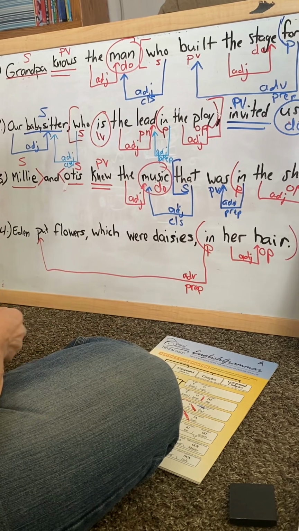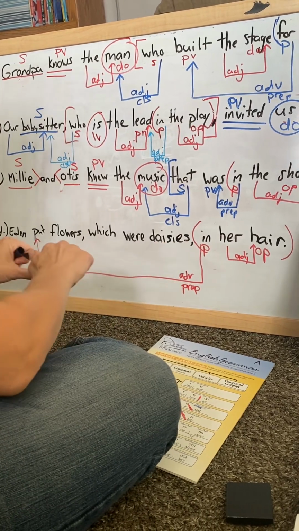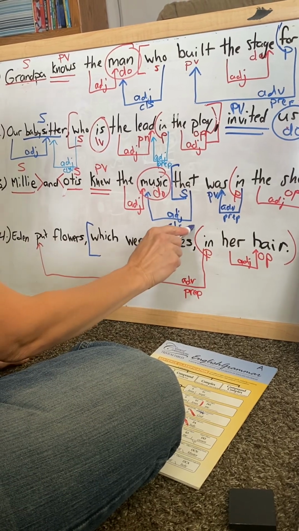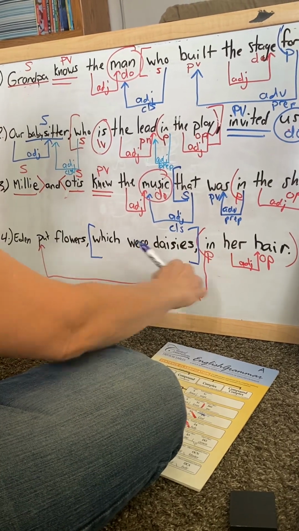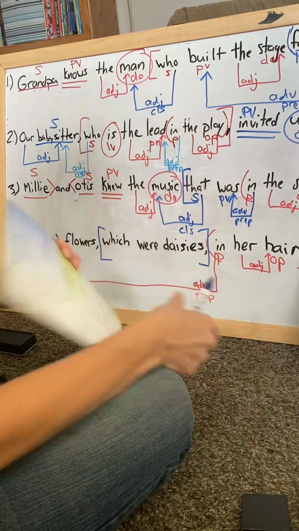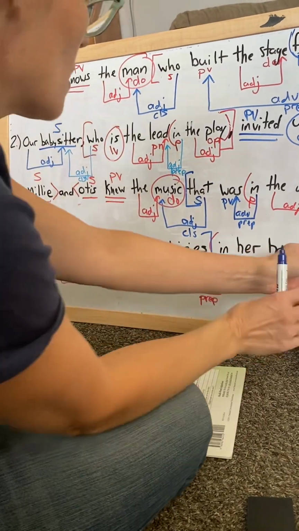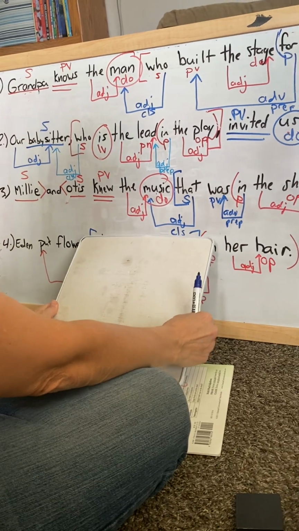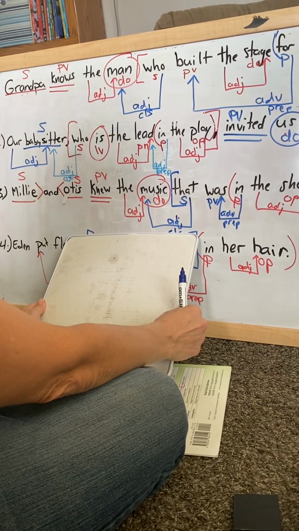Eden put flowers, which were daisies. Here are our two commas that should alert us that, hey, this here is our clause. It's in commas. If we were to totally take this out, which were daisies, we could say, Eden put flowers in her hair.